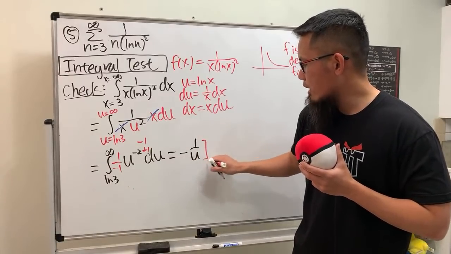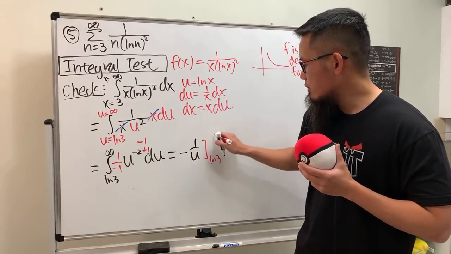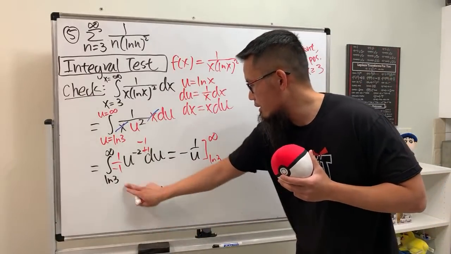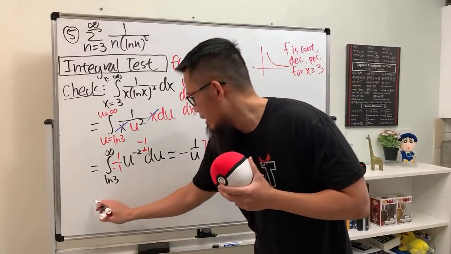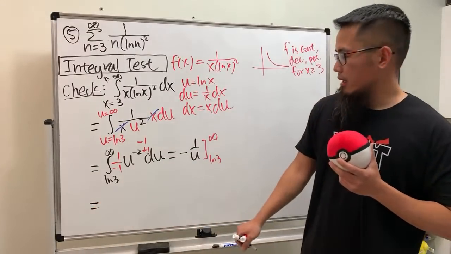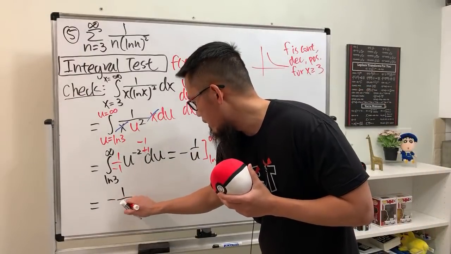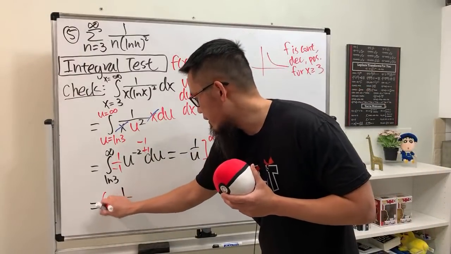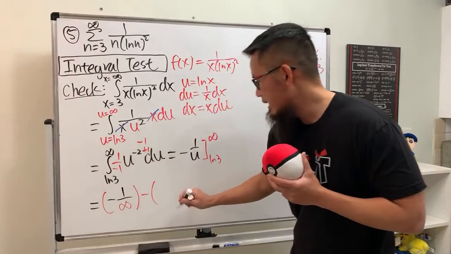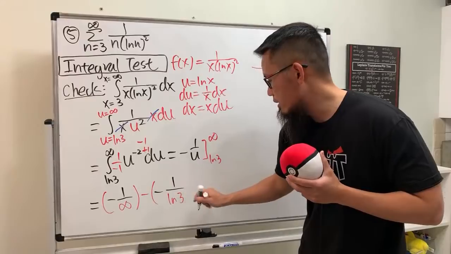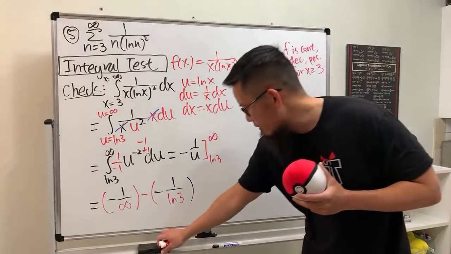And then we are going from ln 3 to infinity, like so, right? You know what? I'll put it down here. Okay. And then plugging infinity, plugging ln 3. So first we get negative 1 over infinity. So that's the first term. And then we are going to minus negative 1 over ln 3. Like that.